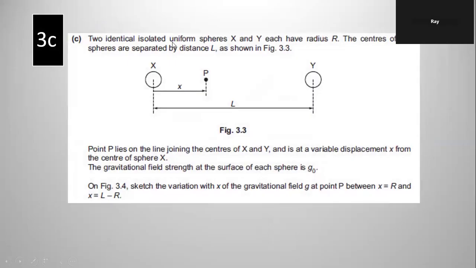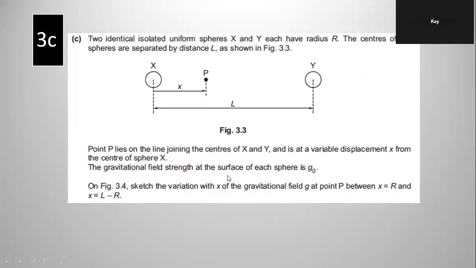Two identical isolated uniform spheres X, Y, each have radius R. The centers of the spheres are separated by a distance L. Point P lies on the line joining center X and Y and is at a variable distance x from the center of the sphere X. Right? That's your distance x.